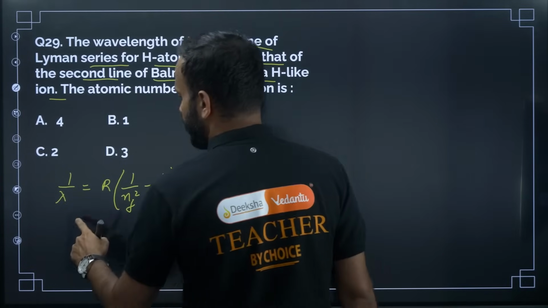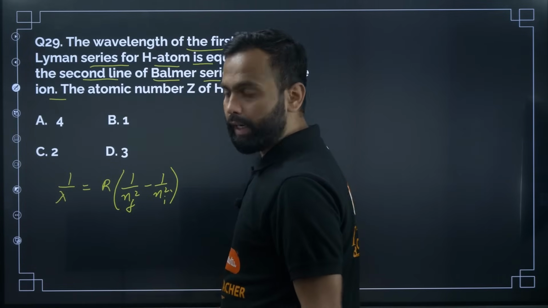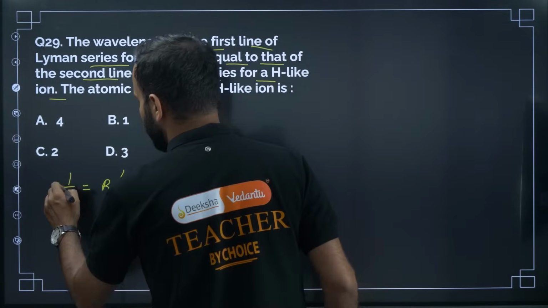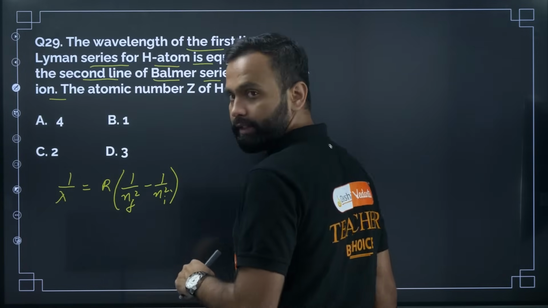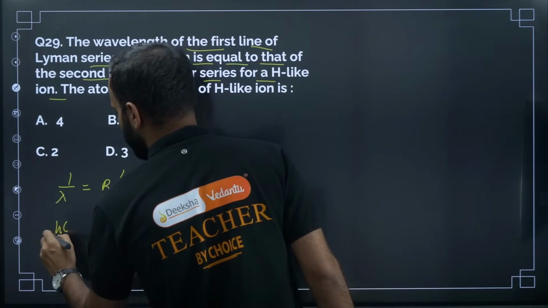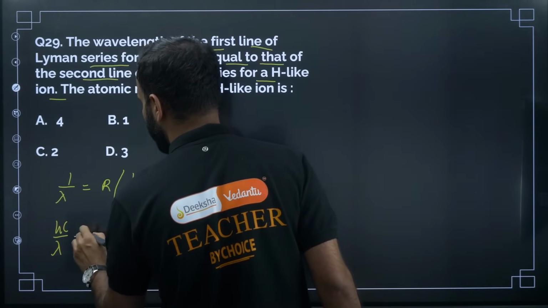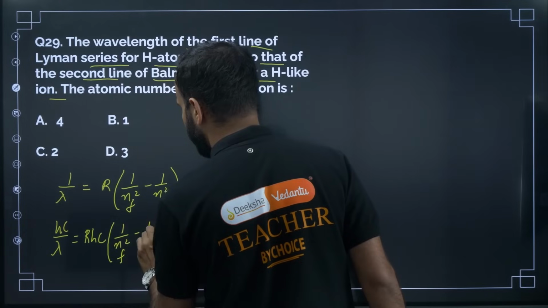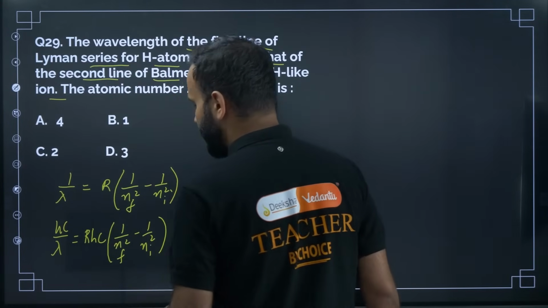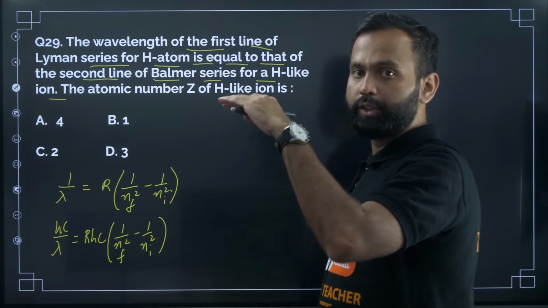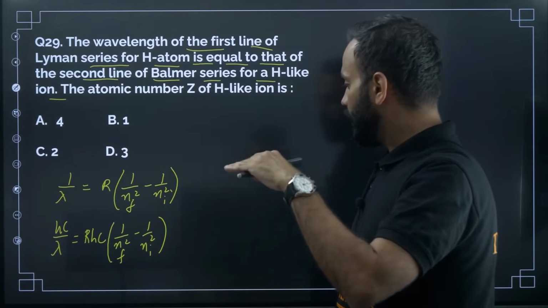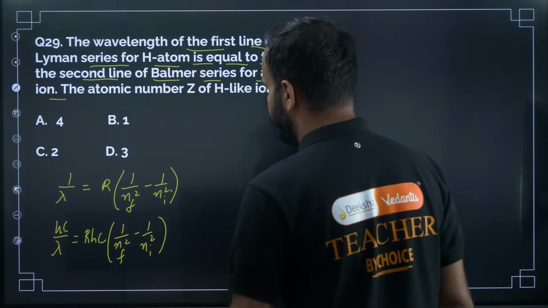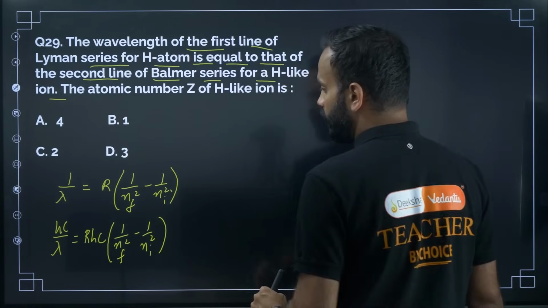So now multiply both sides by hc, right? So hc by lambda is equal to R into hc into 1 divided by Nf square minus 1 divided by Ni square. So what is Nf? Final energy state, and Ni is initial energy state. Understood?